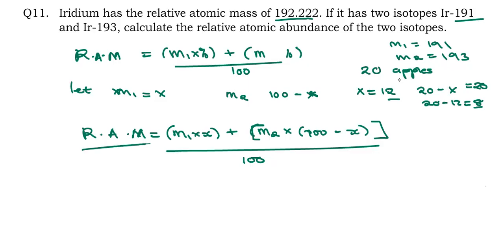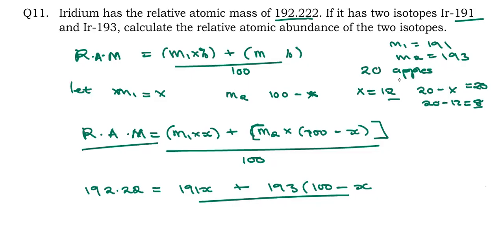We have been given 192.22 multiplied by, our M1 is 191, so we're going to have 191x plus, our M2 is 193, times 100 minus X there. We are dividing by 100.